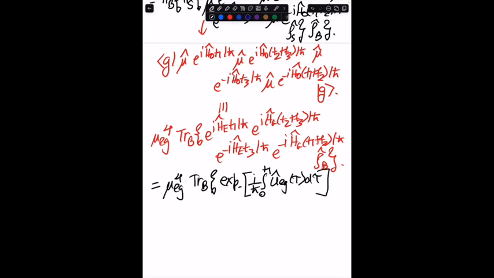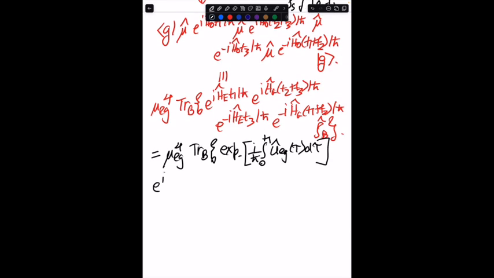Now the system and bath components will come, so you get e raised to the power i omega_eg t1, e raised to the power i h_b t1 upon h bar. Then the second component comes in where you have e raised to the power i h_b (t2 plus t3) upon h bar.